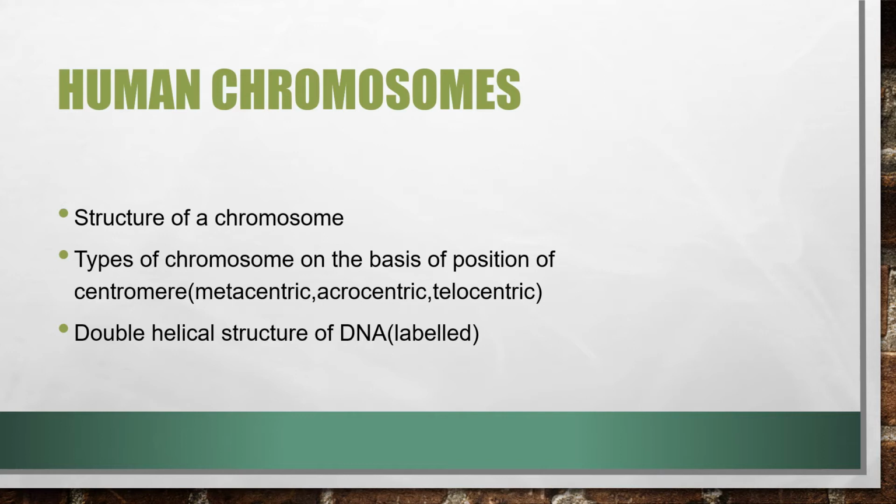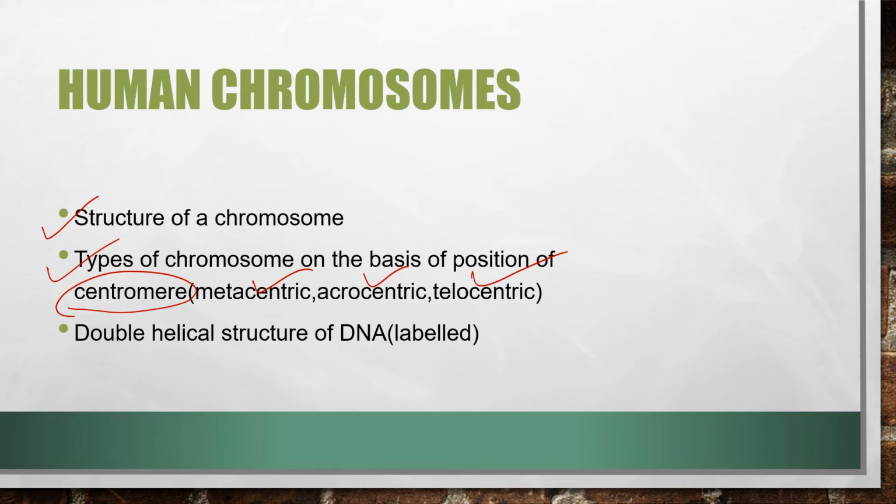So in human chromosomes, the first one is the structure of the chromosome. The second one is the types of chromosome on the basis of the position of centromere. If you have gone through my video on human chromosomes, I have taught you specifically each diagram of metacentric, acrocentric and telocentric chromosomes. If you have not yet gone through that video, please go through that human chromosomes lesson.